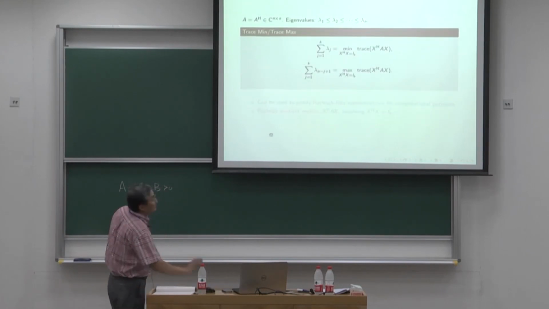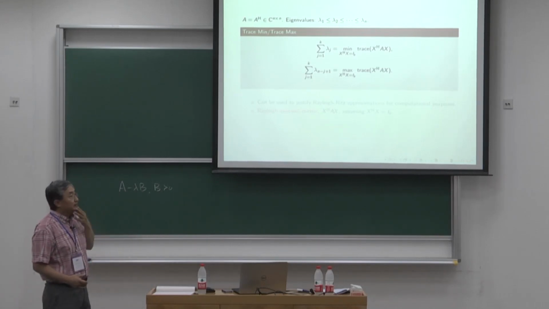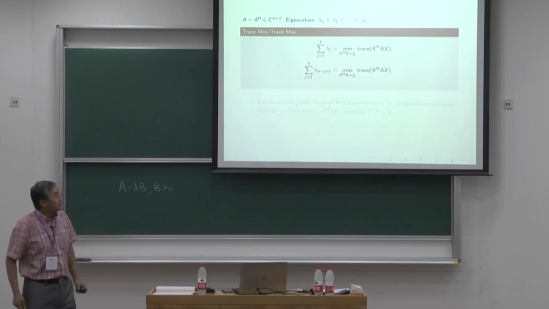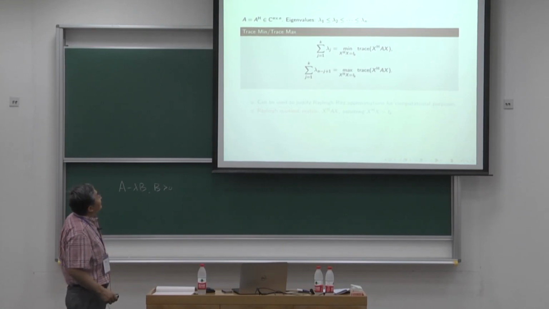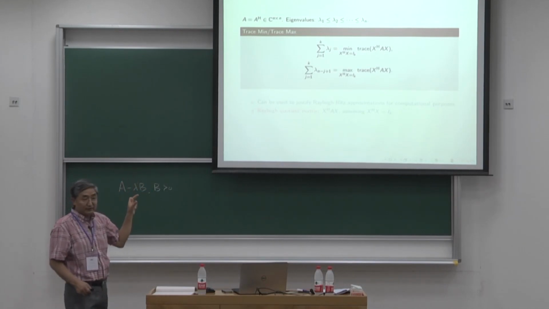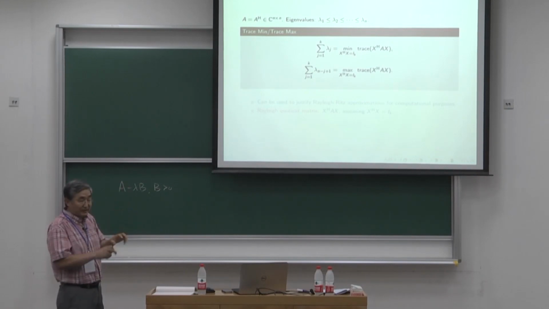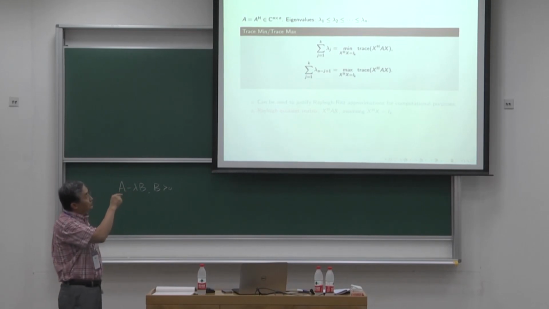The next is called the trace theorem. Before, it was just for one eigenvalue. Here it's for several, which allows you to compute several eigenvalues together. This is the importance of this theorem. So for the Hermitian matrix A with eigenvalues 1 to n, the first equation says the sum of the first k smallest eigenvalues equals the min of the trace of X conjugate transpose A X. Here X has several columns subject to X^H X equal to identity.